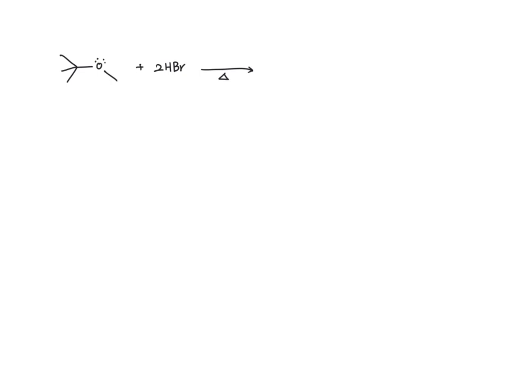Let's put a heating here. So what we will get here is tert-butyl bromide, and methyl bromide. So let's see how we draw this. CH3 and bromide, okay, and water.